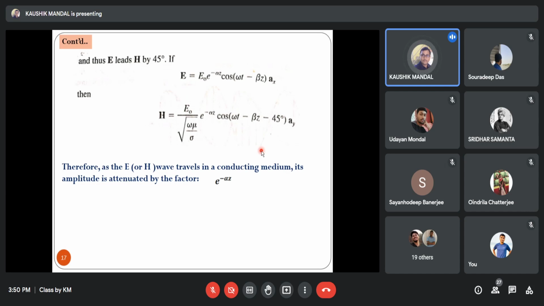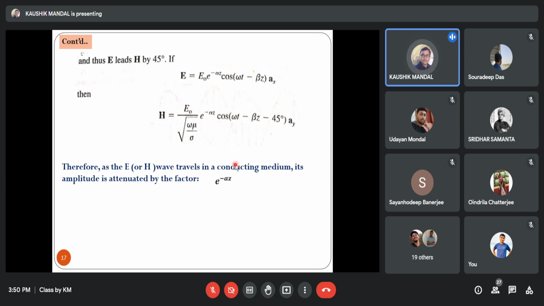And we have seen that there is a 45 degree phase lag between the electric field and magnetic field. So this is the conclusion. As the electric field or magnetic field travels into the conducting medium, its amplitude is attenuated. By which factor? By a factor of e to the power minus alpha z.